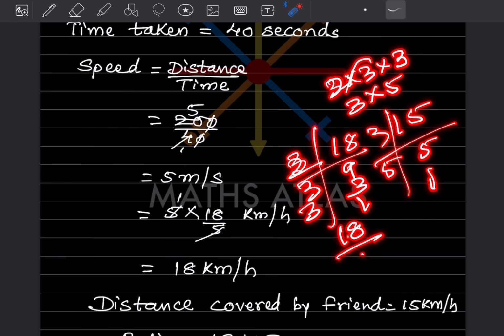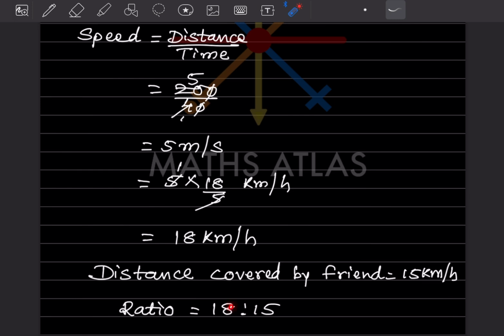So what is common here? 3. The HCF is 3. So we divide 18 by 3 and 15 by 3. This will be 6 and 5. So the answer is 6 is to 5. This is the ratio they have asked.